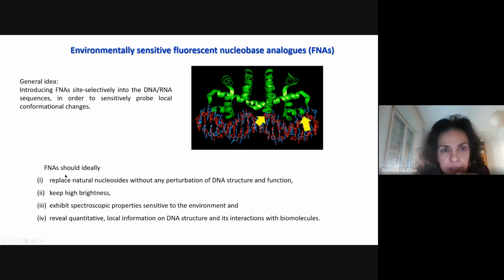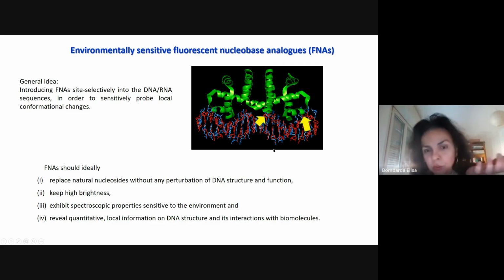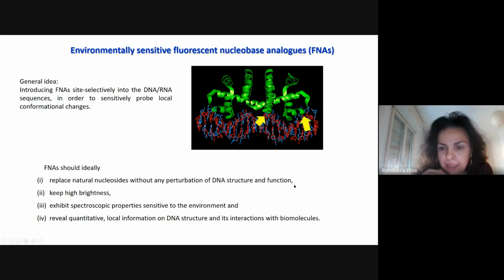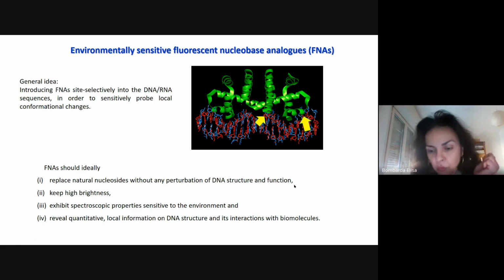And these fluorescent nucleobase analogs ideally should replace natural nucleosides without perturbing the DNA structure and function, keep high brightness, exhibit spectroscopic properties sensitive to the environment, of course, and so reveal quantitative local information on DNA structure and its interaction with biomolecules.